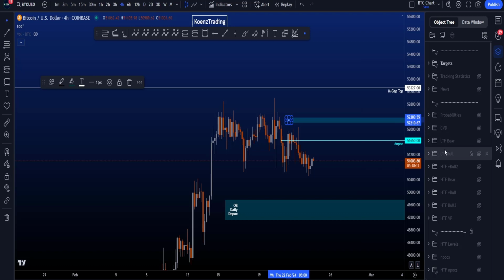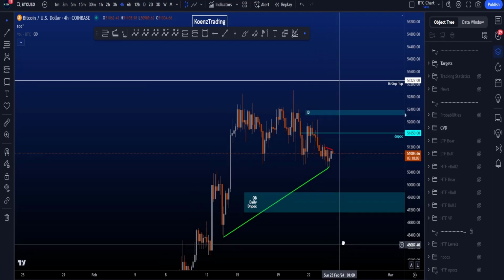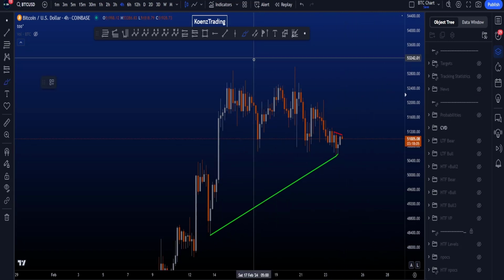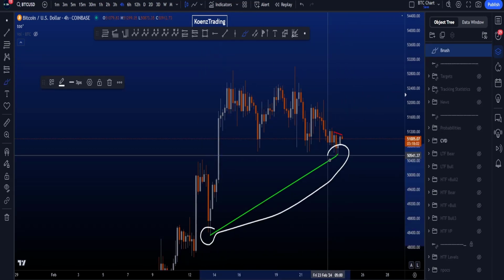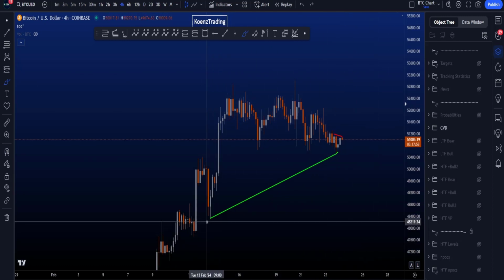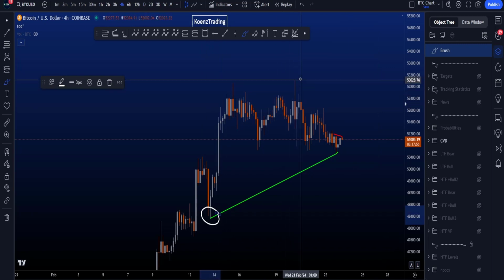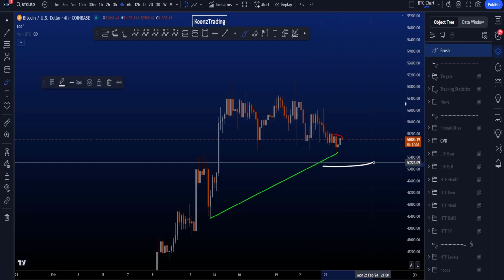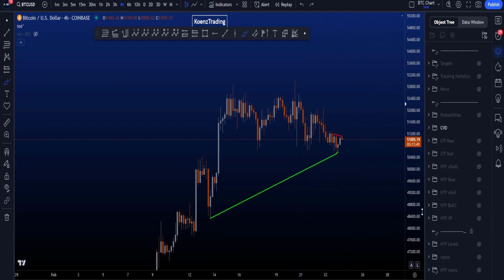When we look at the CVD divergences, then you can see that we do have some bullish CVD divergences still, this low over here and this low, higher low in price, lower low on the CVD. But what you can also see is that this pivot is on the left side of the recent high, and preferably we look at CVD divergences on the right side of the recent high.